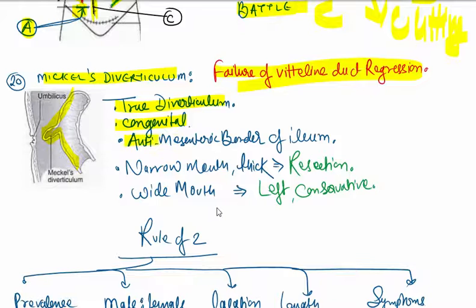What is the treatment? If it is narrow-mouthed and thick, resection is preferred. If it is wide-mouthed, then it can be left alone and conservative treatment is given. So what is the rule of 2 in Meckel's diverticulum?